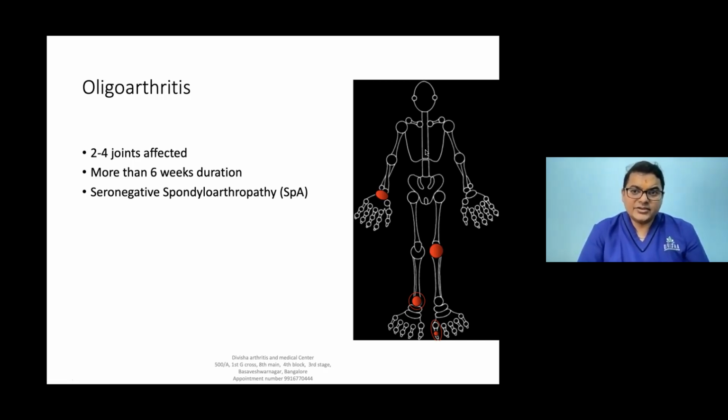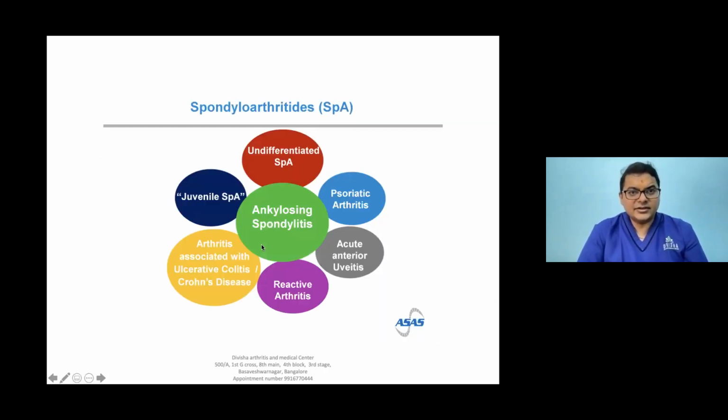In rheumatoid, it generally doesn't affect the spine or the hips. In this disease, it affects the spine and the hips. And in rheumatoid, both sides of the body are affected. In this, only one side at a time. And rheumatoid is more common in females. This is more common in male disease. That's the key difference.